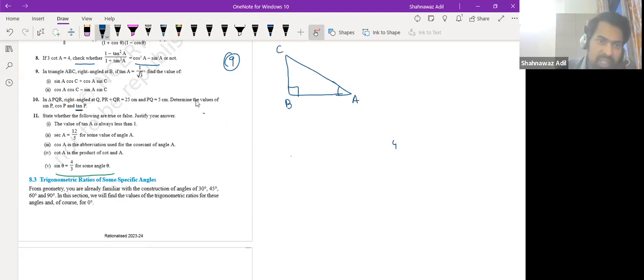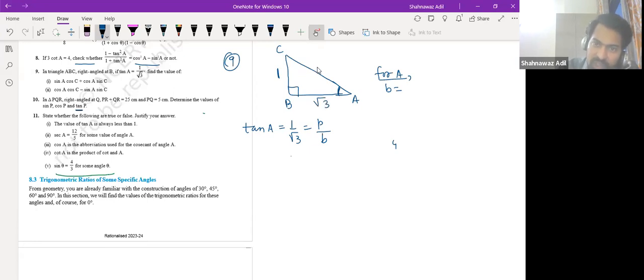And you see that if tan A, so tan A is P by B, right? So P is how much? For angle A, for tan angle A, P is 1. So this is 1 and this is root 3.